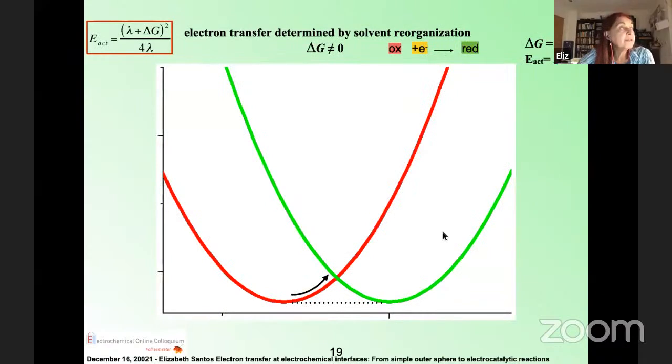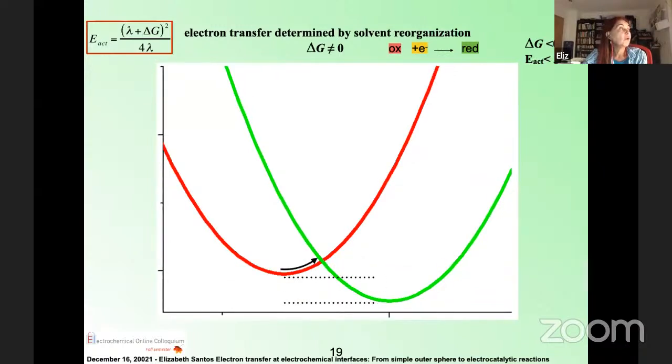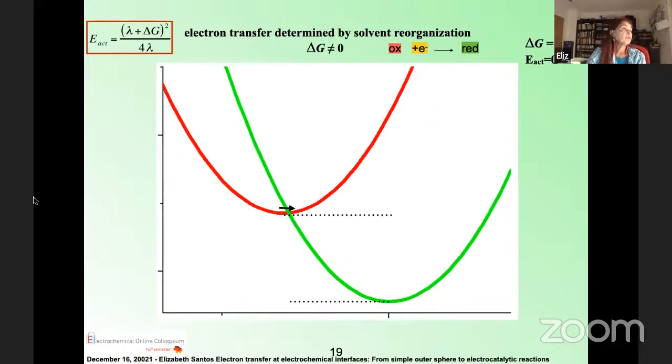Then what happens if we are not in equilibrium? Then the activation energy has an additional term, of this form, and when we increase this delta G more and more, we come to a situation where both parabolas cross at the minimum. And in this case, we have an activation energy of 0.